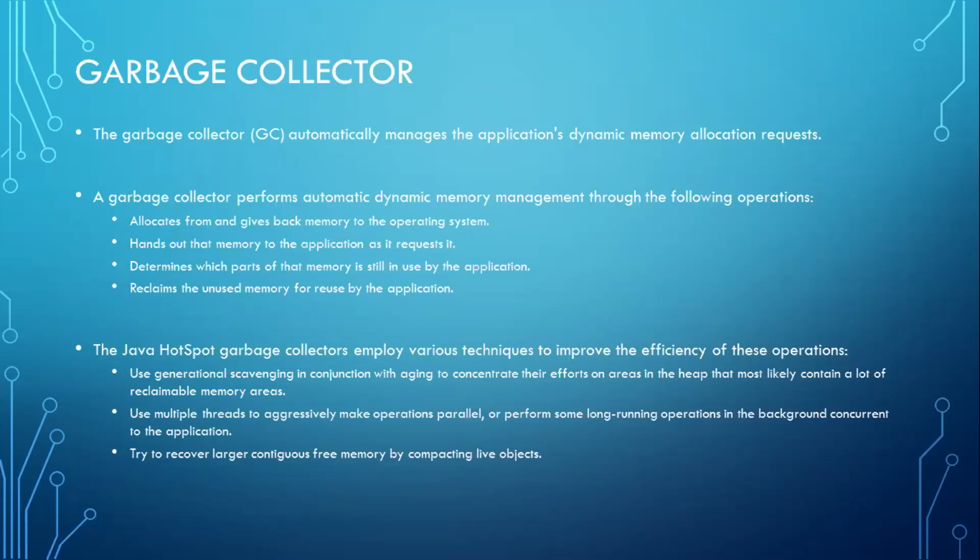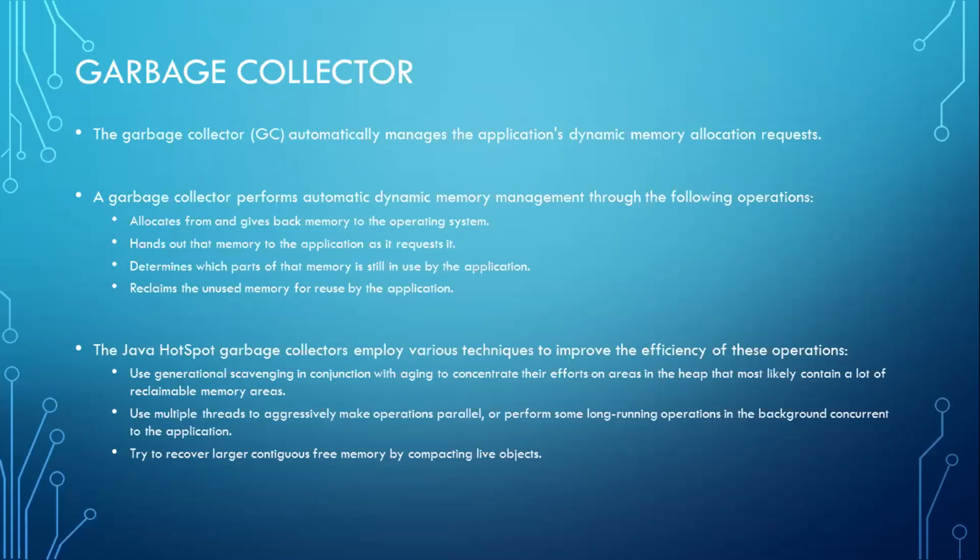Now, when you create an Employee object, let's say with the name ABC, it will get an allocation in the memory itself, right? So an object is the physical implementation of your class, and it gets stored in your memory.